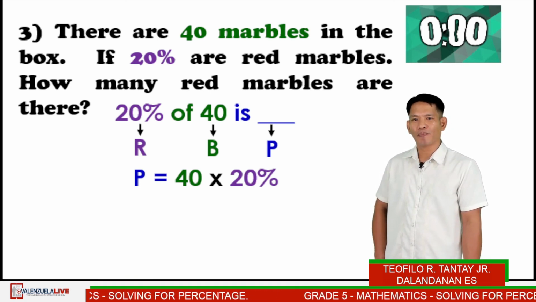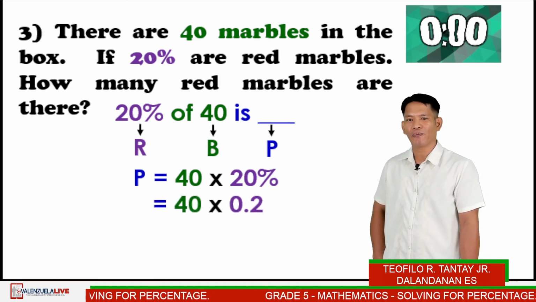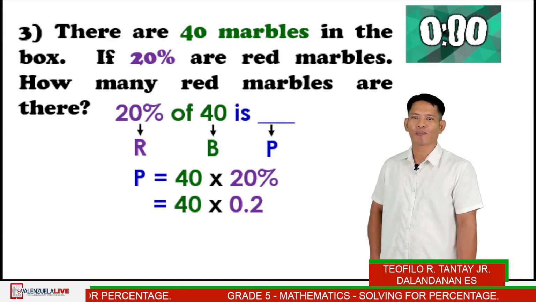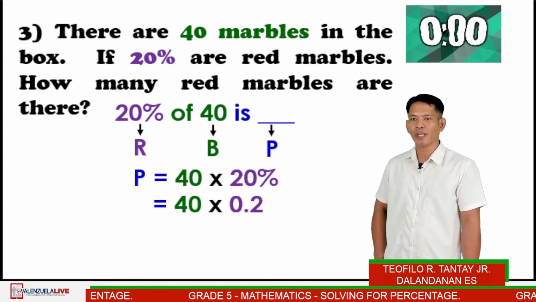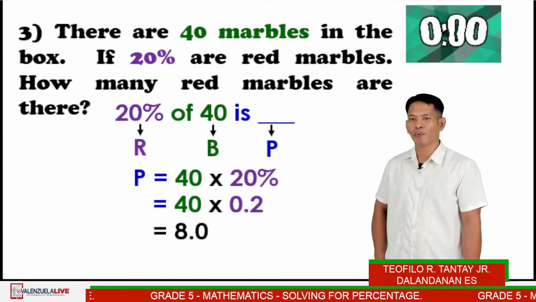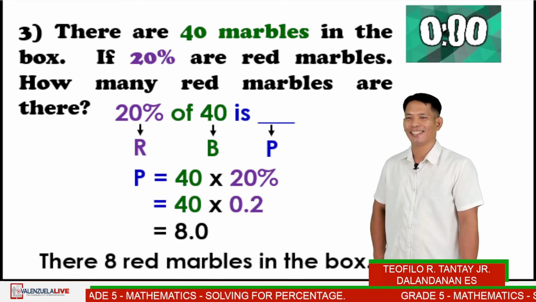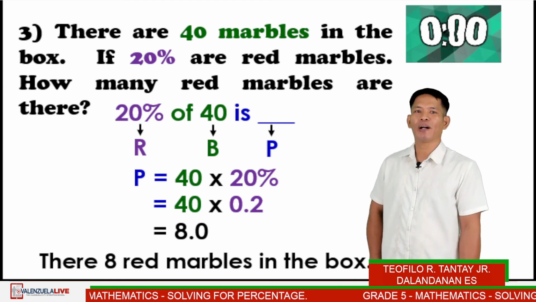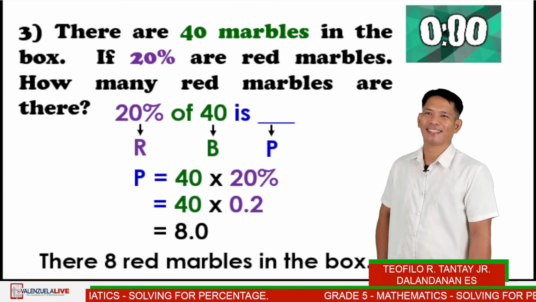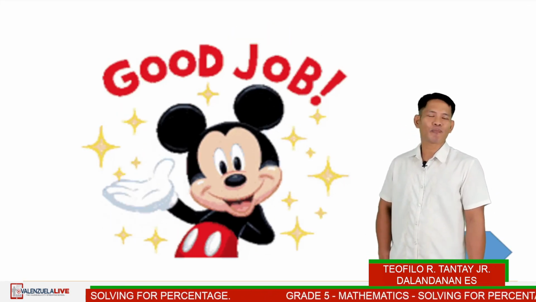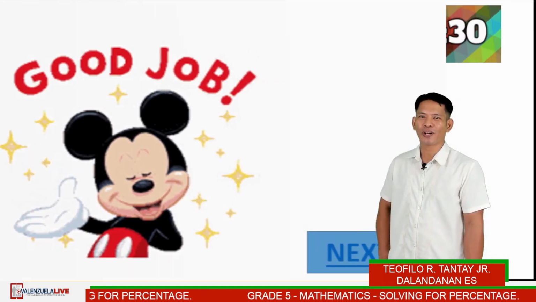We convert 20% to a decimal number, we have 40 times 0.2 or 0.20. Therefore, P is equal to 8.0 or simply 8. There are 8 red marbles in the box. Good job, grade 5.